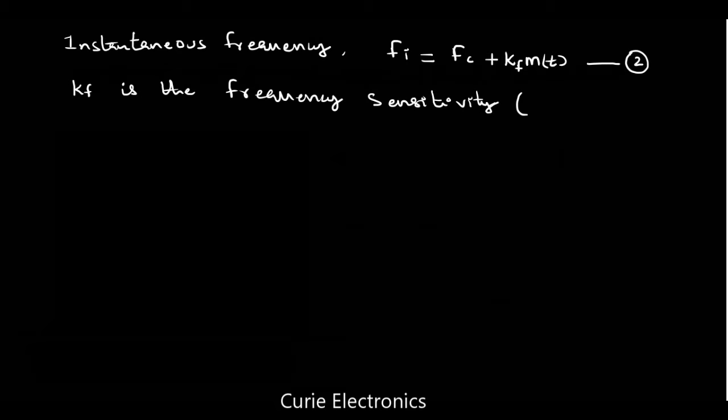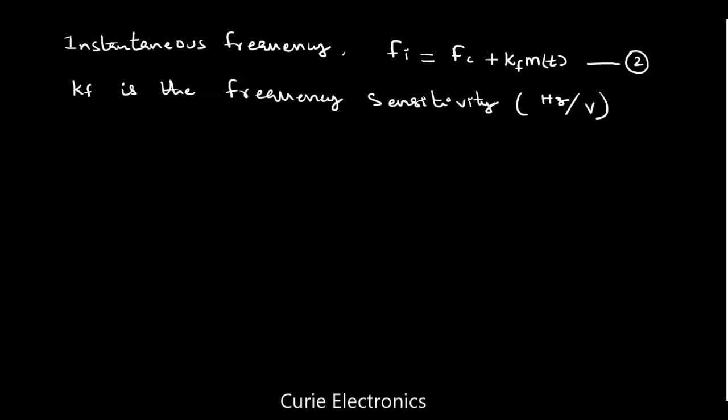That means variation in the frequency per volt. So with 1 volt of the message signal variation, how much is the frequency variation? That is what the Kf, that is the frequency sensitivity.